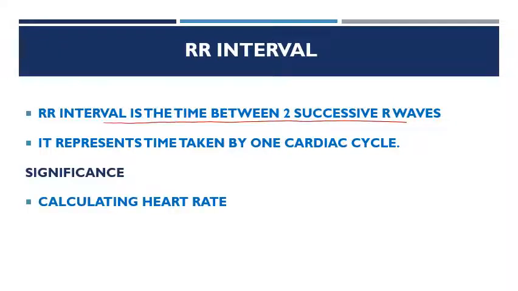And we mentioned that the significance of RR interval is that it helps in the calculation of heart rate. Number two, it helps in assessing rhythm, whether it's normal or not.